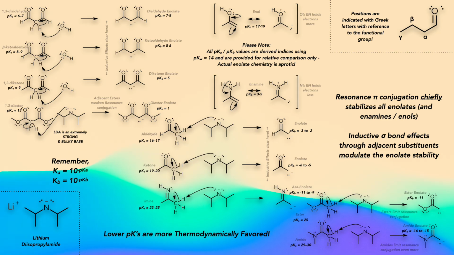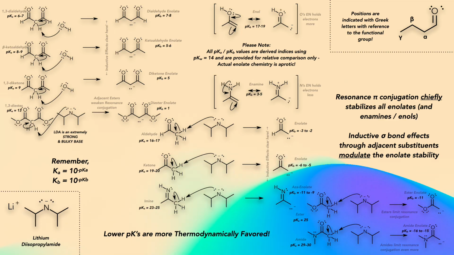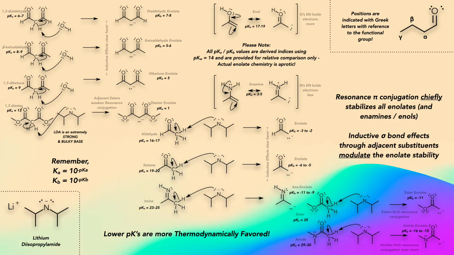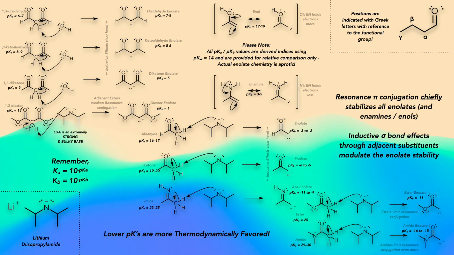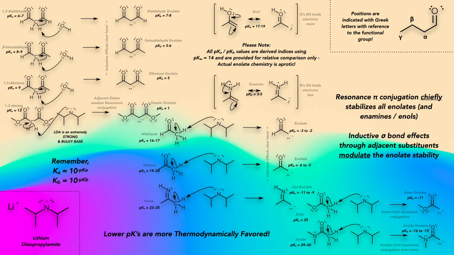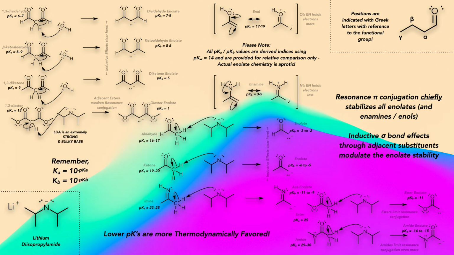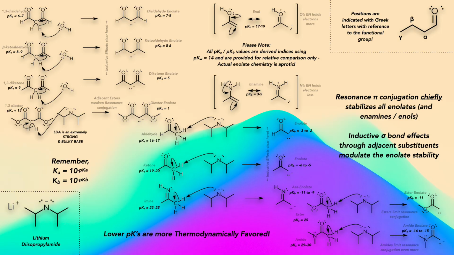When a base removes an alpha hydrogen from a carbonyl compound, the electrons can delocalize. The negative charge is shared between the alpha carbon and the carbonyl oxygen. This resonance stabilization is what makes these protons acidic, but the acidity varies dramatically depending upon the functional group.